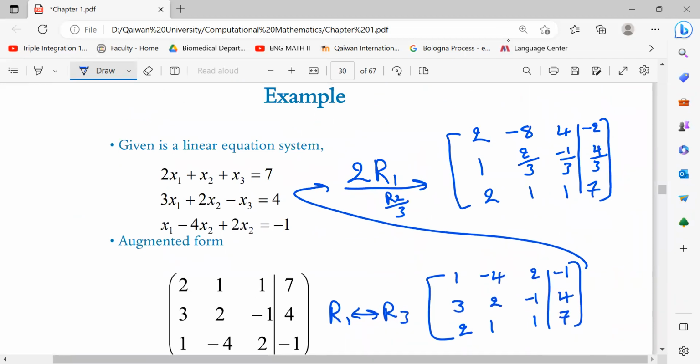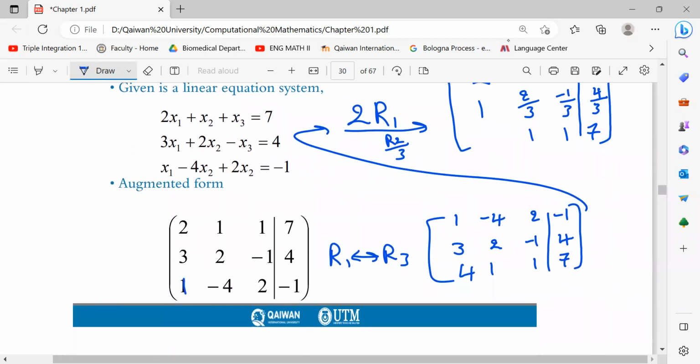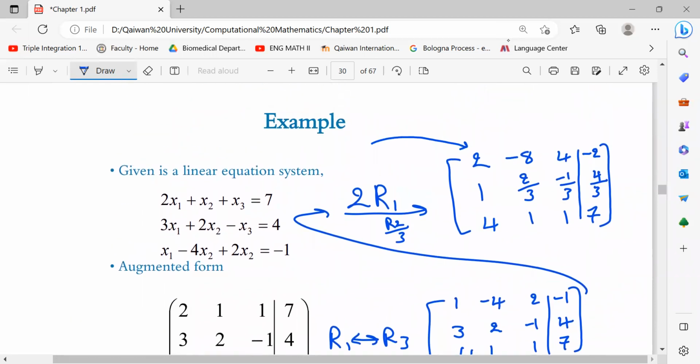How about the last operation? The third operation that we do, we can multiply a row by a value and add it to another row. Look at this one, let's say it's 4. Look, we have 2 here. If you want to make this entry 0, how to do that?